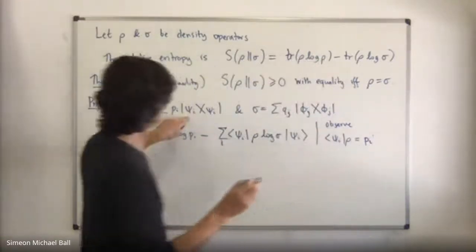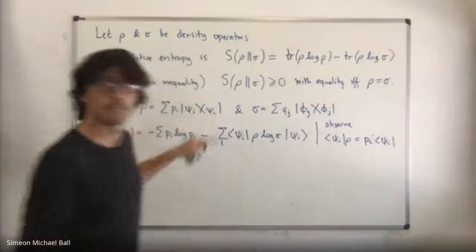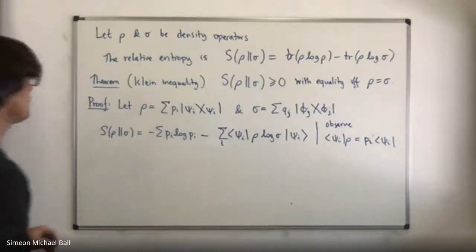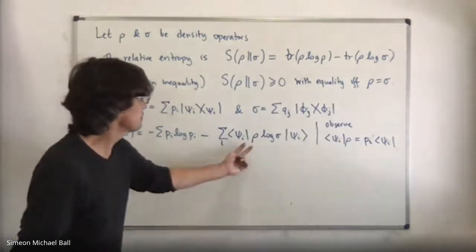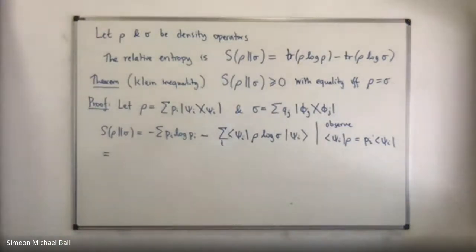So this comes in there, it kills this ket and leaves me with the bra. So that's one thing we need. That's going to allow us to switch this around here.